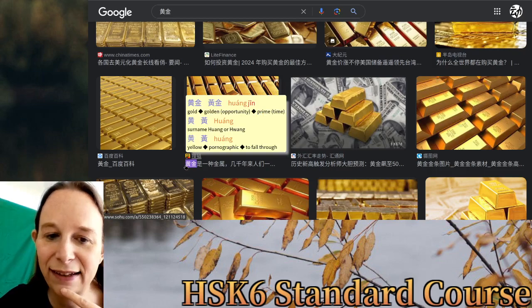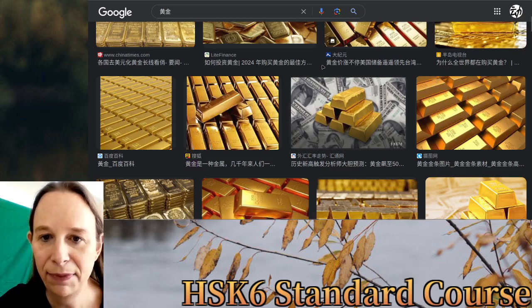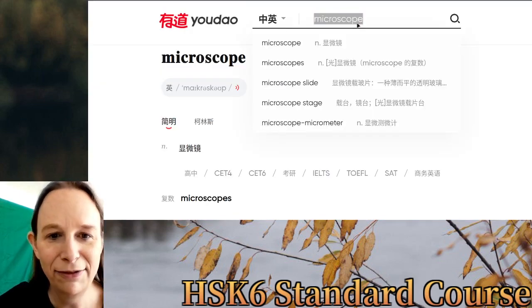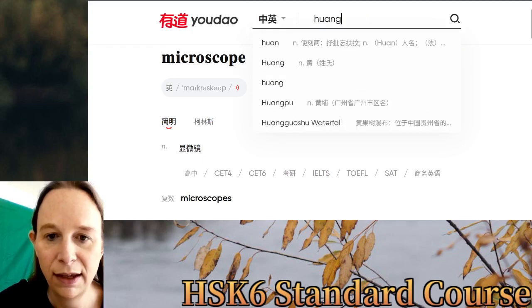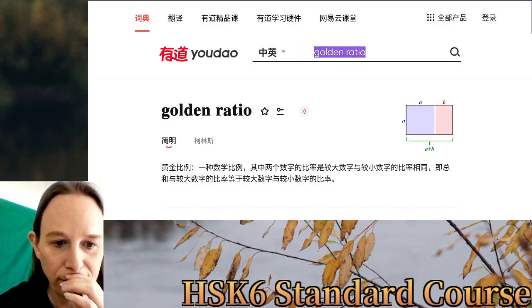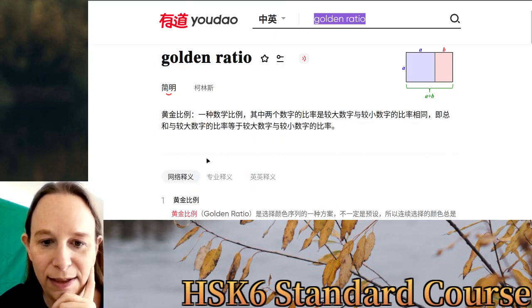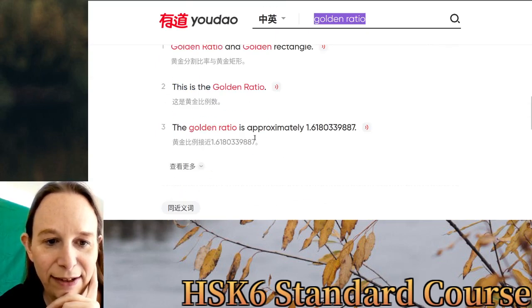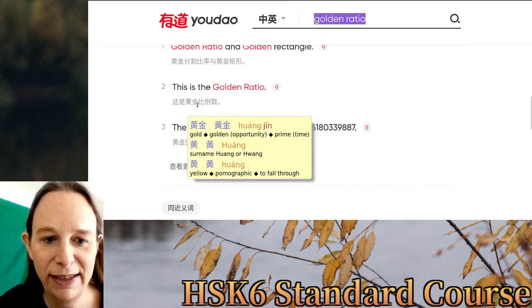Oh, 黄金, yeah, what's the golden ratio? I forget this one. Oh, 黄金分割法, something like that. Golden ratio. 黄金比例, no, it's like 黄金分割 or maybe just 黄金比例 will do.